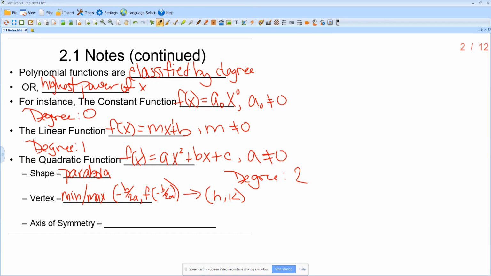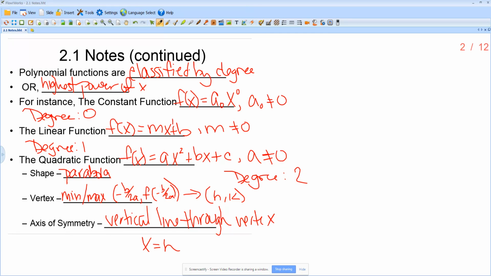And that just has to do more with the form that we're going to be working in. The axis of symmetry is the vertical line through the vertex. So it's a vertical line going through the vertex, and it's always in the form of x equals whatever that h value is.